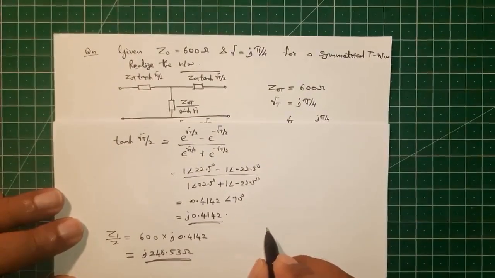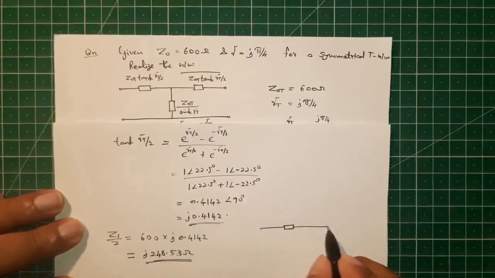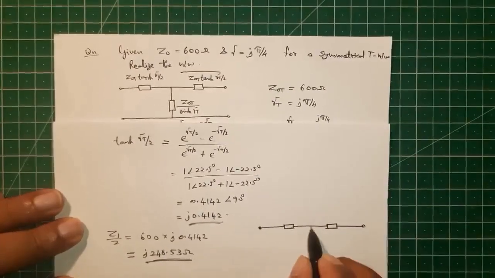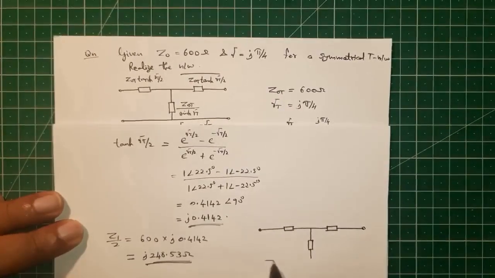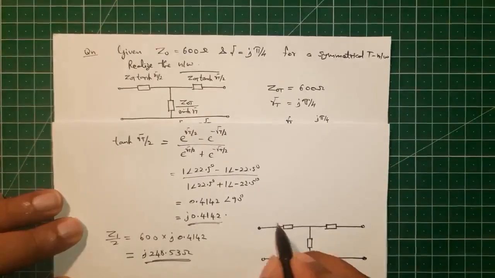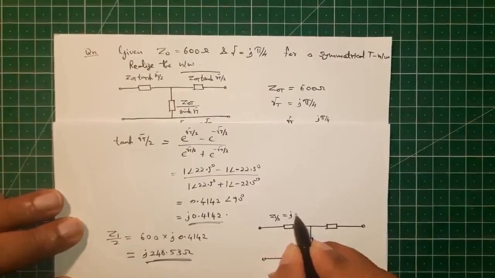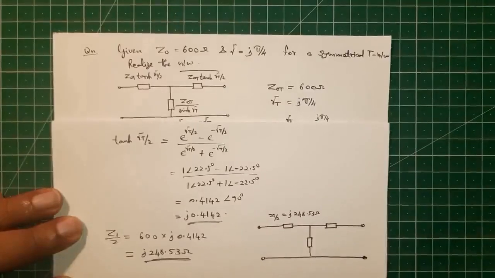Now we have the values here, so that we can draw the equivalent T network by using these values for impedances. So we have Z1 by 2 is equal to j 248.53 ohm.